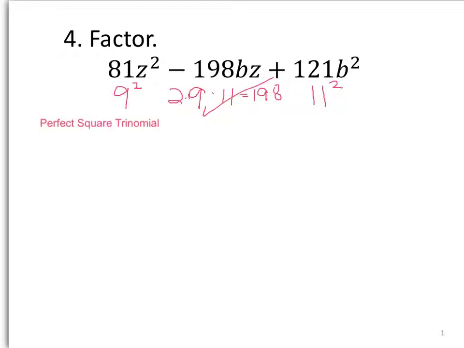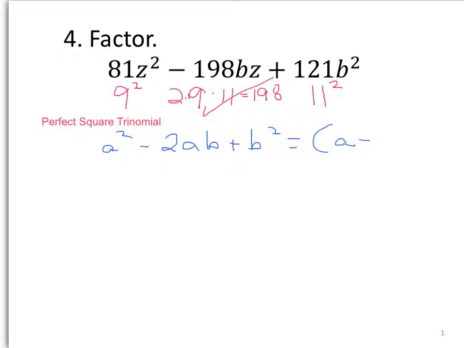That means that we can use the formula a squared minus, in this case, 2ab plus b squared equals a minus b squared.